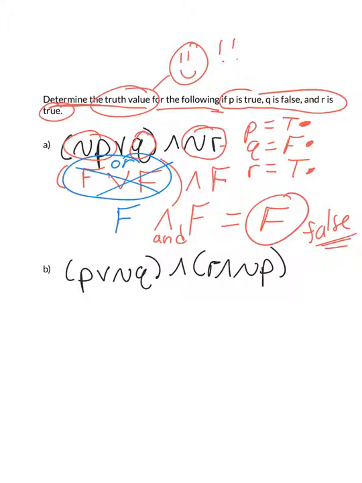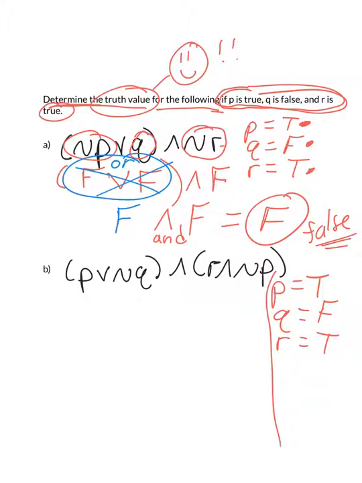Let's do one more of these. Same thing. P is true, Q is false, and R is true. So I'll rewrite that off to the side again. P is still true. They tell us in the original question, Q is false, and R is true. And we're going to plug into part B. Don't worry about the parentheses yet. P, they tell you, is true, so plug it in. Bring down the or.